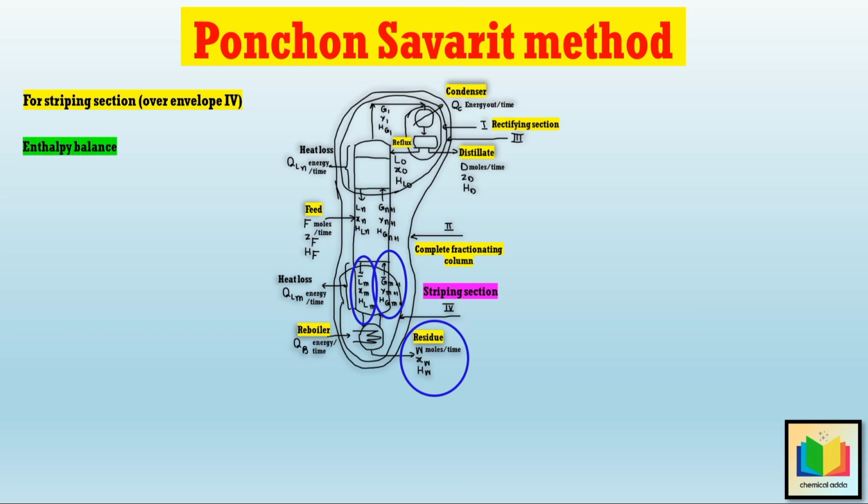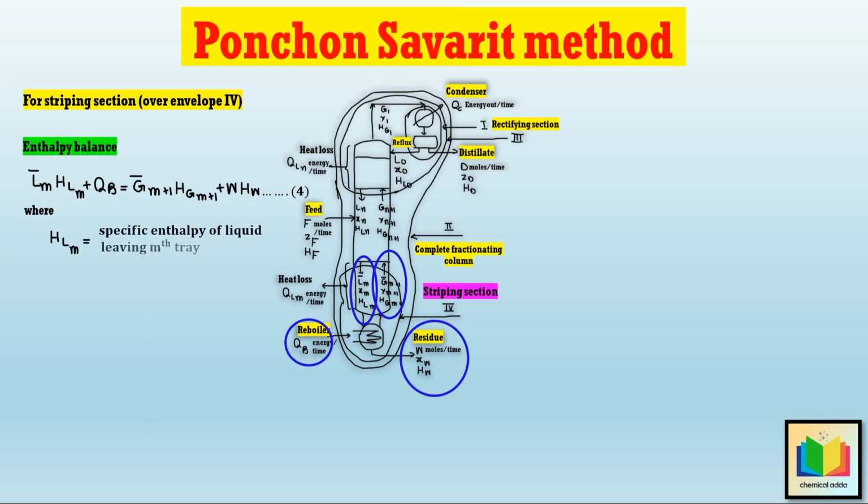Hence we get L_M into H_LM plus Q_B is equal to G_(M+1) into H_G(M+1) plus W H_W. Where H_LM is the specific enthalpy of liquid leaving the M tray. H_G(M+1) is the specific enthalpy of vapor entering the M tray.